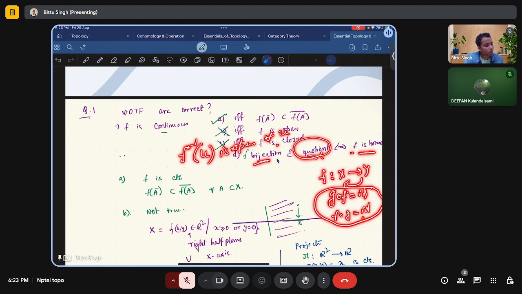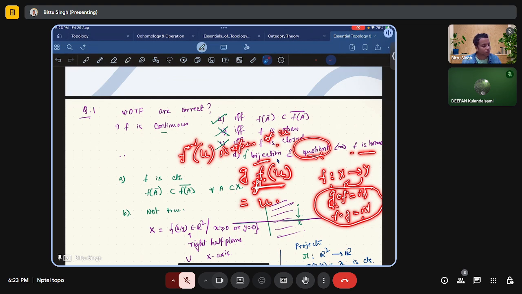Now f is homeomorphism, that will imply there is a map in the reverse direction. Okay, so that will actually imply that f should be an open map. Why? Because if we take an open set U and apply f, then we need to show that this should be open. Okay, but if we again apply g, g f U is the same as U, right?